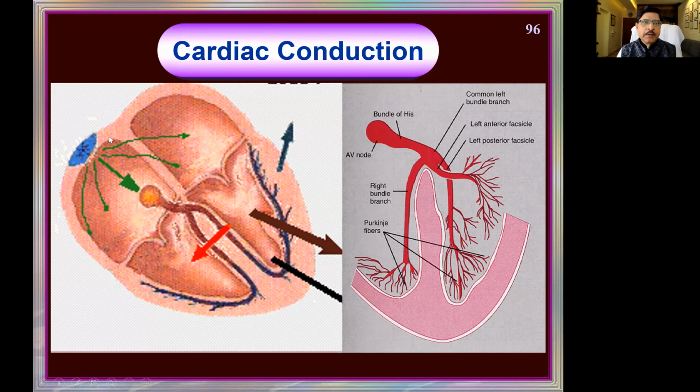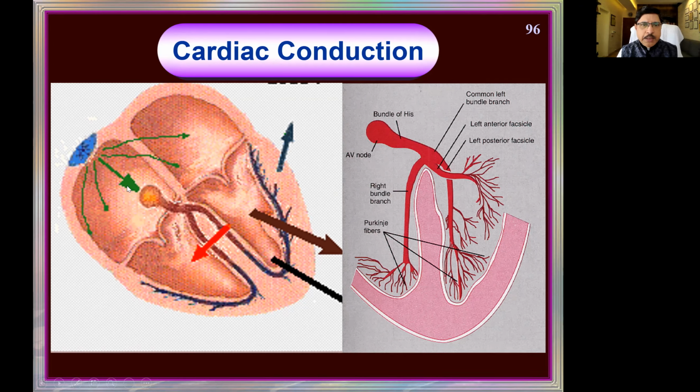But remember, from this understanding, there is no specialized conducting system, but the cardiac syncytium itself is the conducting medium there. And the impulse finally converges onto a node which is called the AV node, atrioventricular node. Why this node is required?